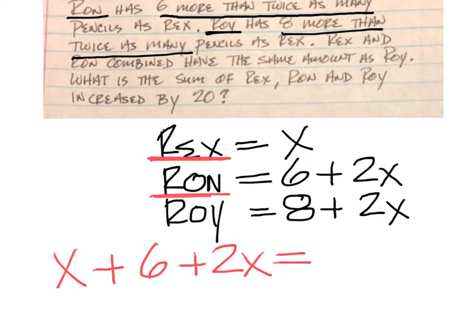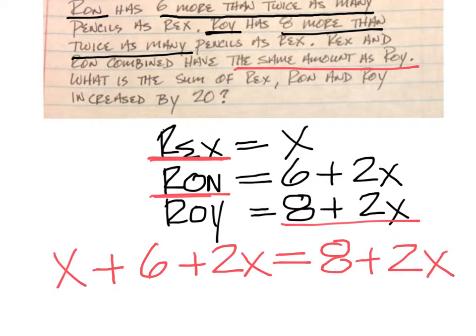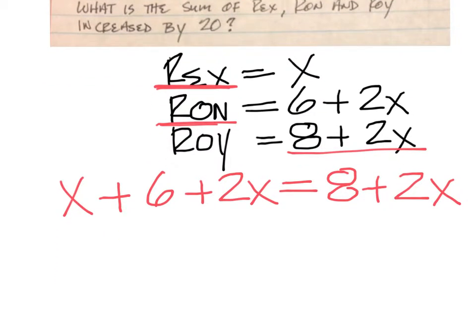Rex and Ron combined have the same amount as Roy. So same means equals. And Roy is 8 plus 2x. So there's your equation that you have to solve.